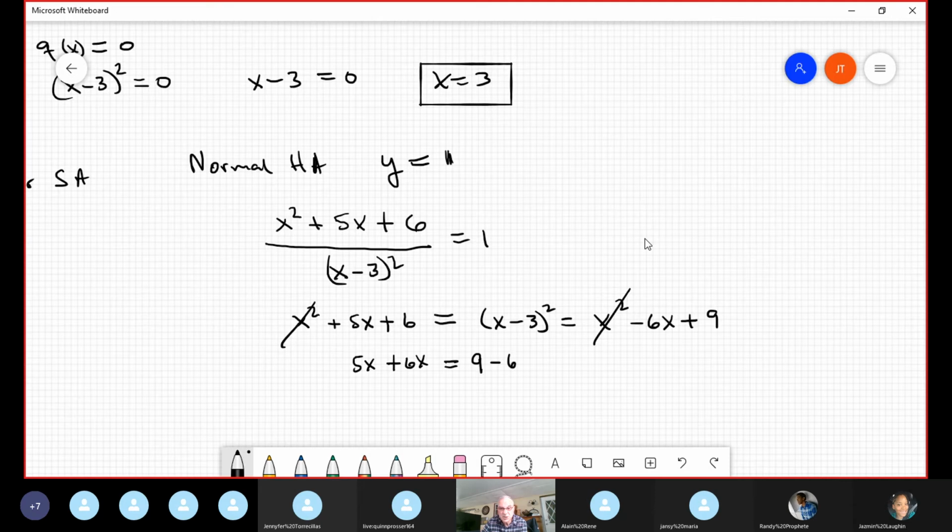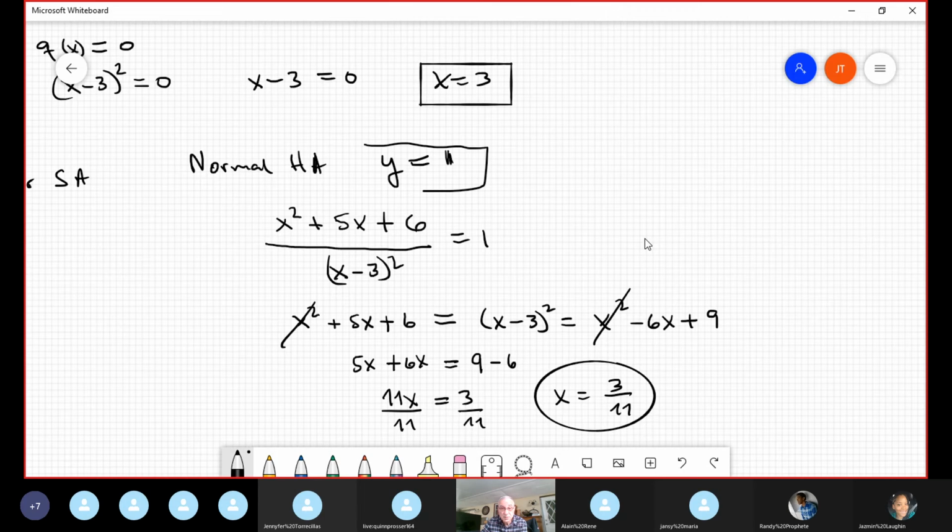I solve this linear equation: 11x equals 3. Divide both sides by 11. At x equals 3 over 11 is the famous point in which the curve crosses this horizontal asymptote. By the way, it's the point (3/11, 1), because it's the same y value.